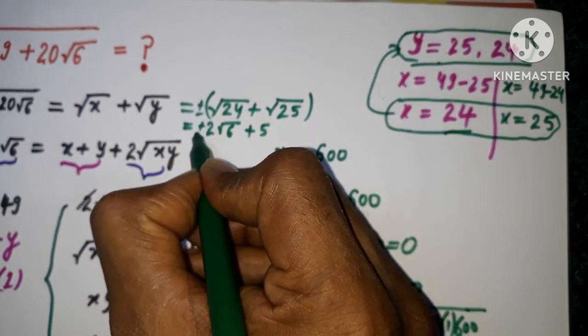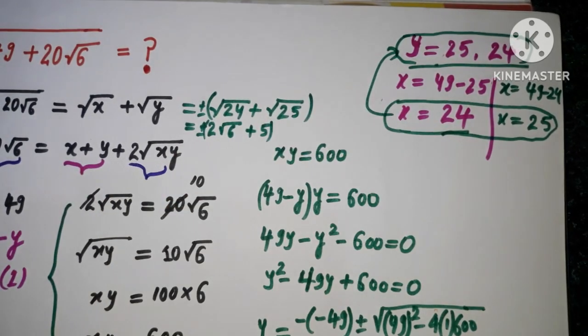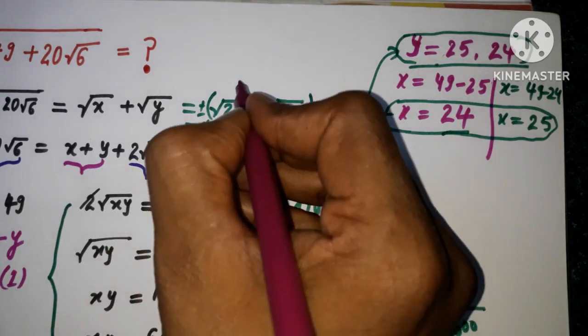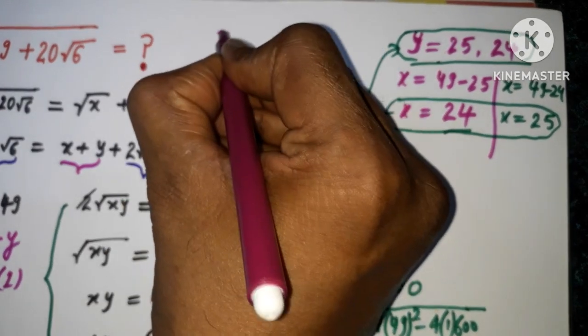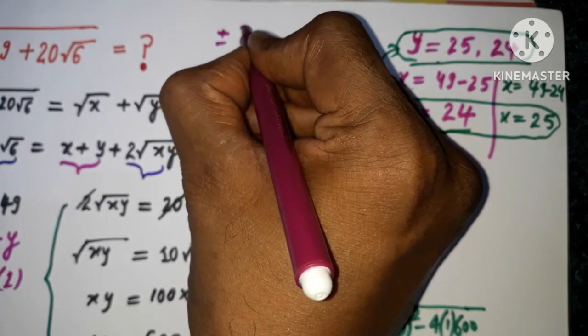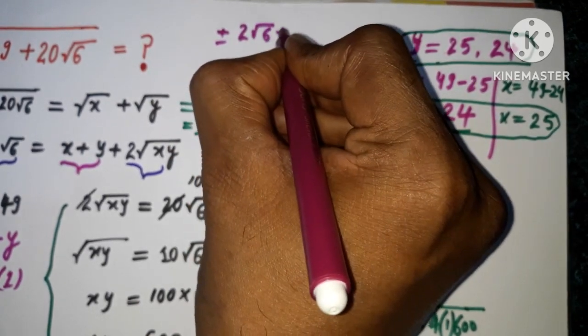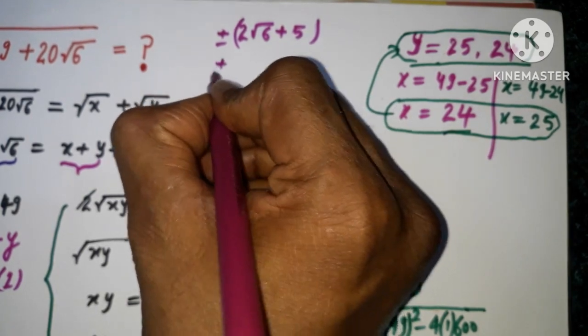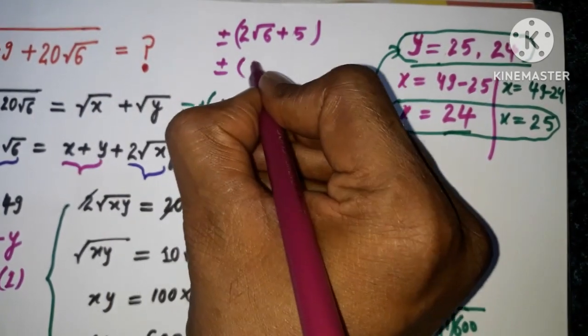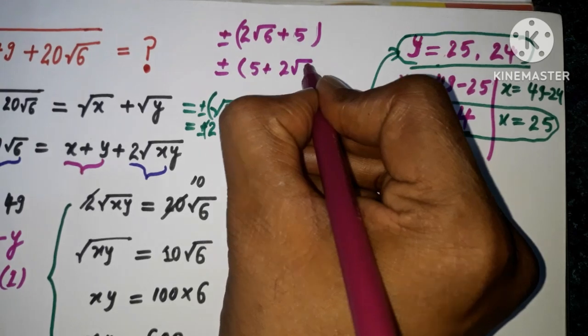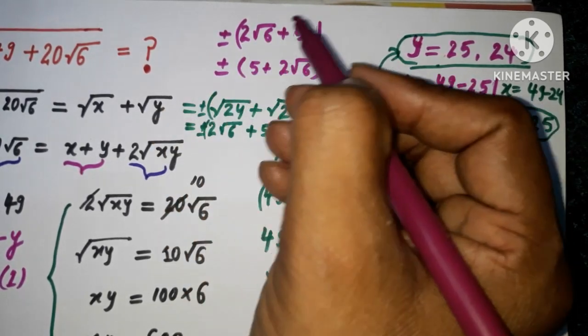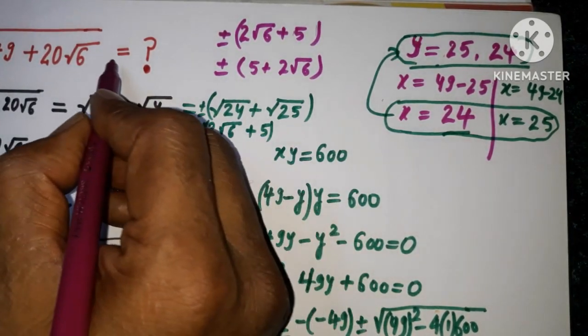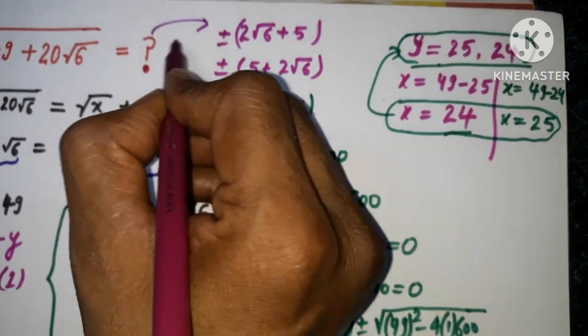I'm putting here plus minus and then brackets. So obviously we have the solution here: plus minus 2 root 6 plus 5, or we have this value 5 plus 2 root 6, any one value we can take. So this is the solution of this one.